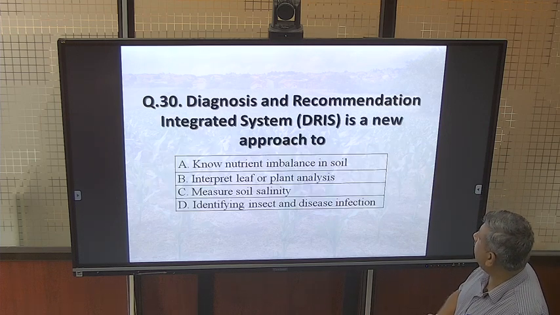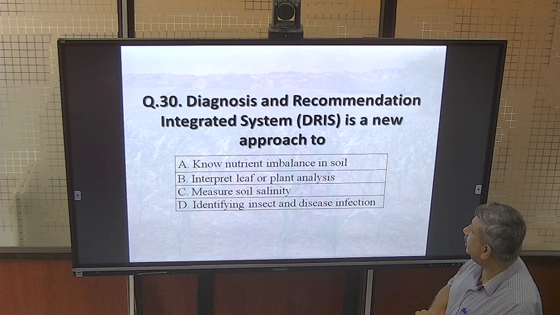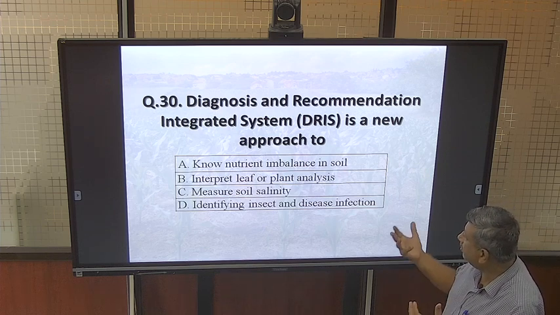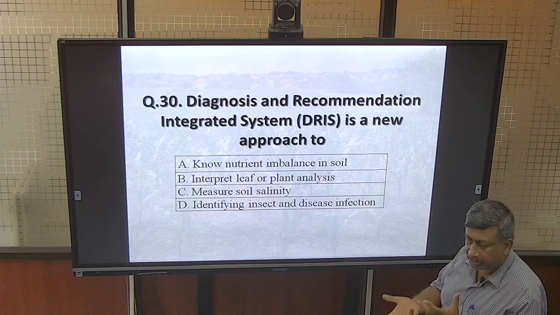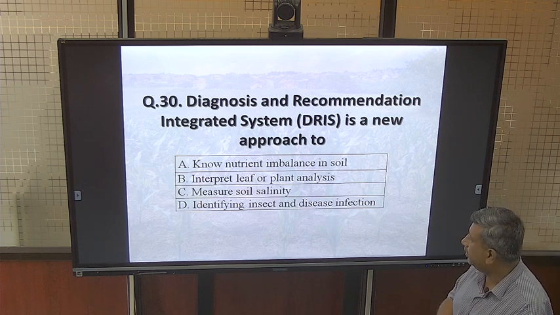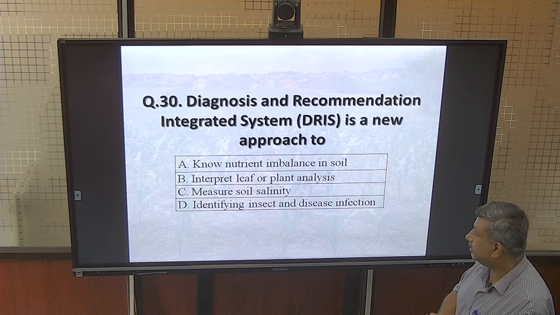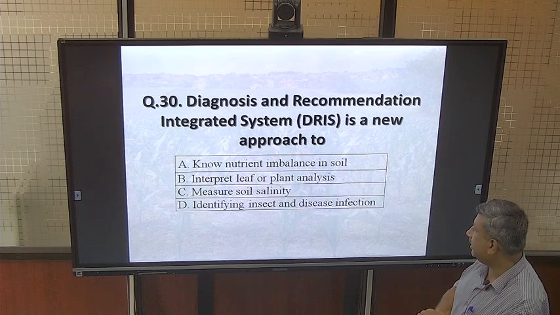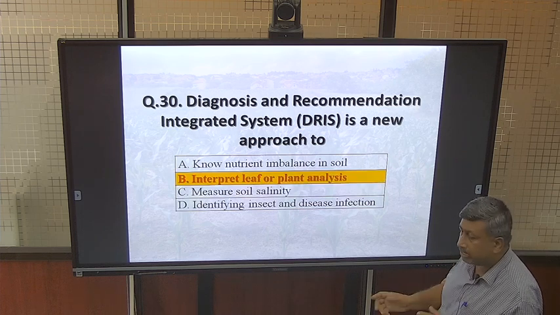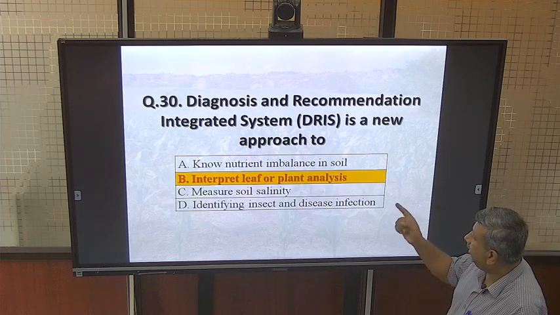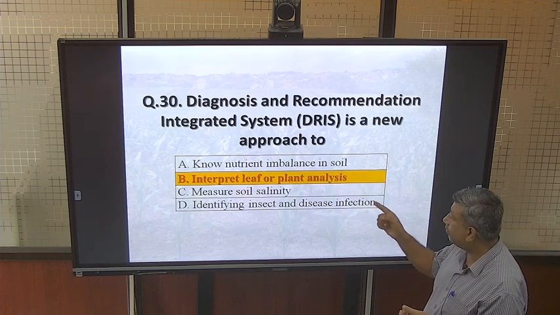Then the Diagnosis and Recommendation Integrated System, DRIS, is a new approach. Why do we use DRIS? Okay, options: to know nutrient balance in soil, interpret leaf or plant analysis, soil salinity measurement, or identifying insect and disease infection. So, this DRIS approach is a very important approach, and it is used to interpret leaf or plant analysis.